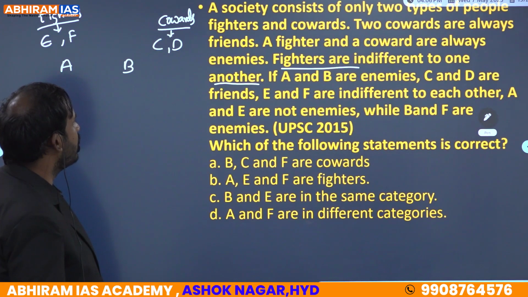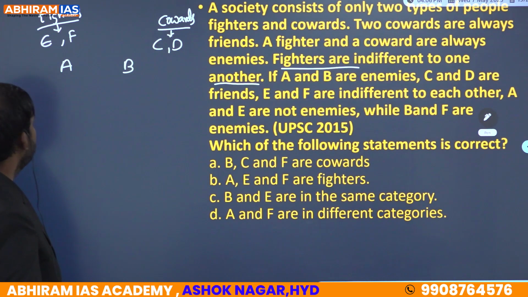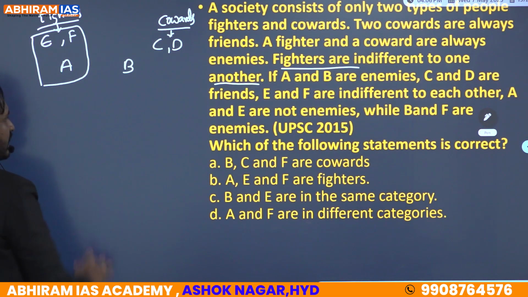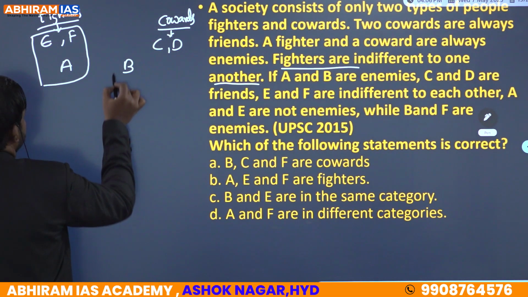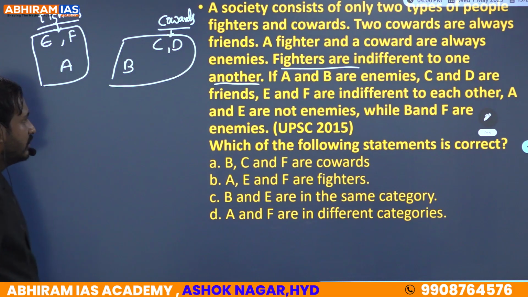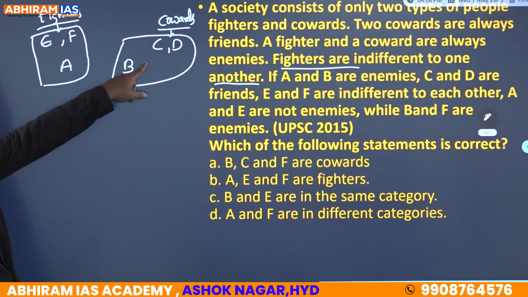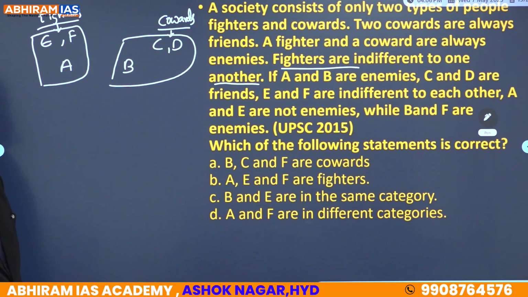A and E are not enemies, which means A and E will come under one category and B will go to the other category. While B and F are enemies, already we know that F is a fighter. Then B will go to the coward category and A will come under the fighters category.